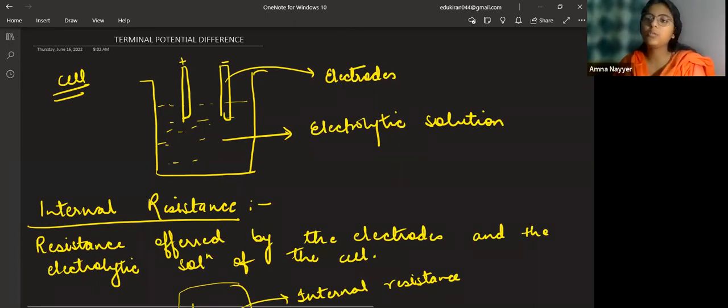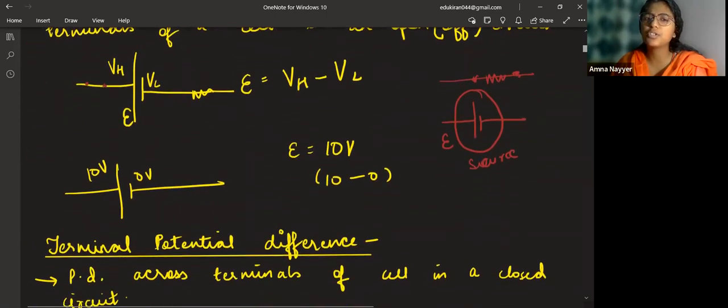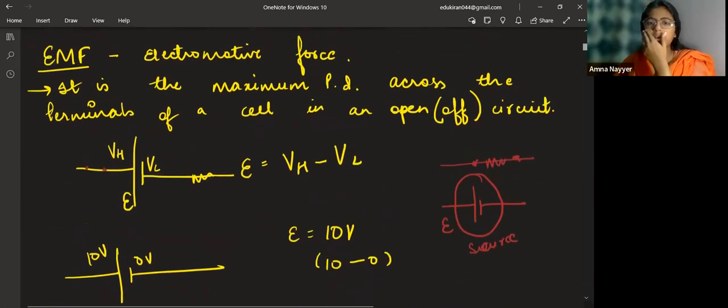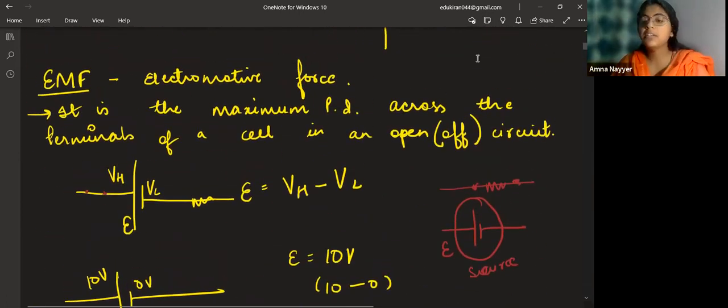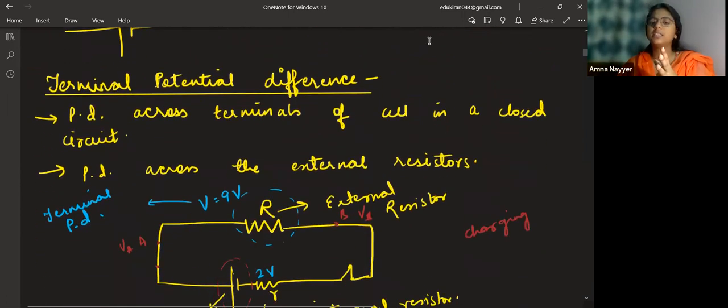After internal resistance, you should remember EMF. EMF and terminal potential difference go hand in hand. Whatever is the maximum potential difference applied across the terminals for an open circuit, we call it electromotive force. It's a misnomer; this is not a force, it is basically a potential difference.